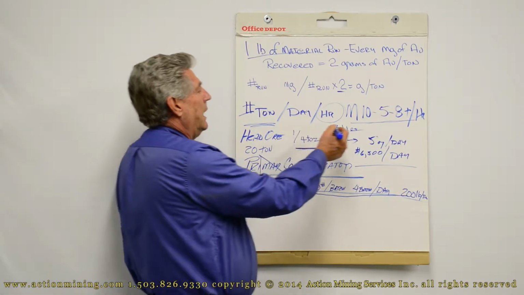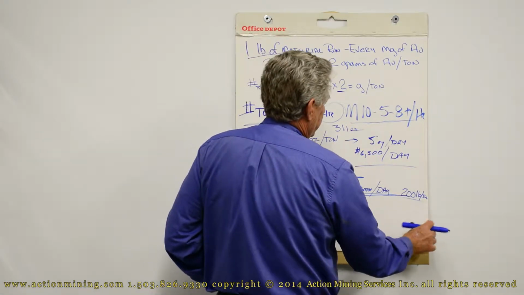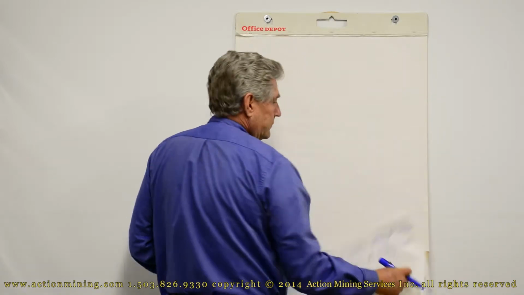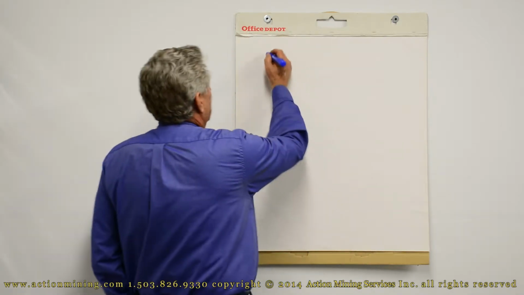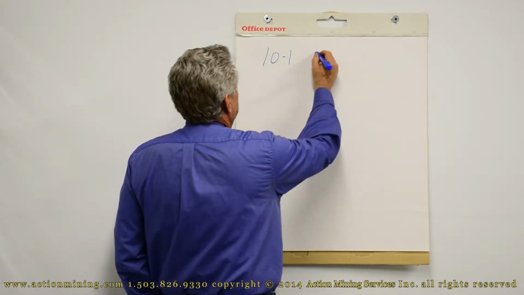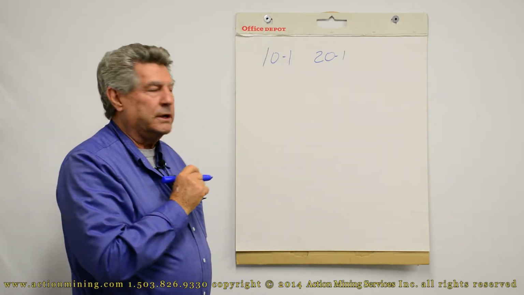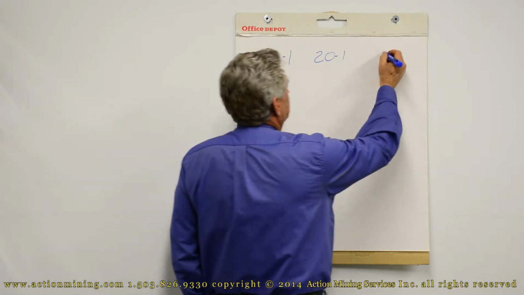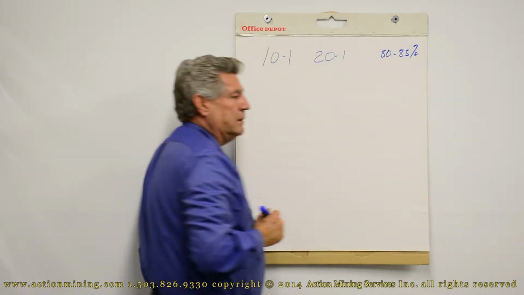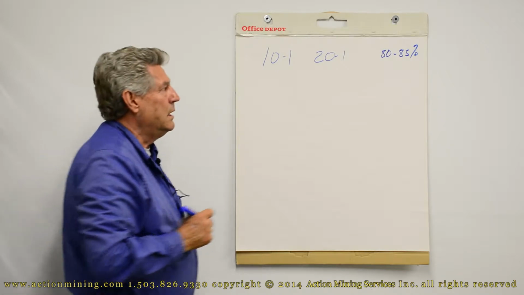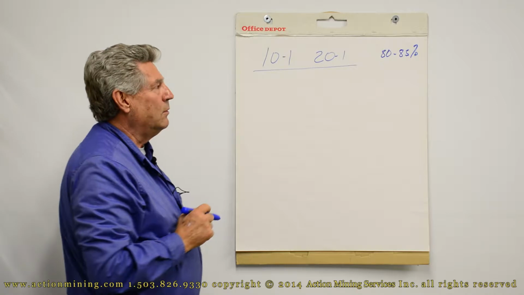Because I'm going to run my primary concentrate somewhere between 10 to 1 and 20 to 1. I'm going to run it that much because I want at least 80 to 85% recovery. I may get more, but I don't want any less.